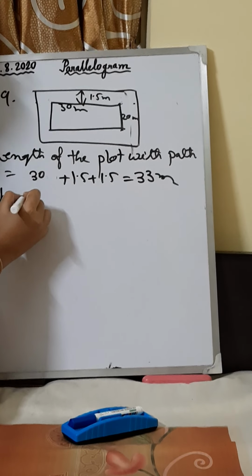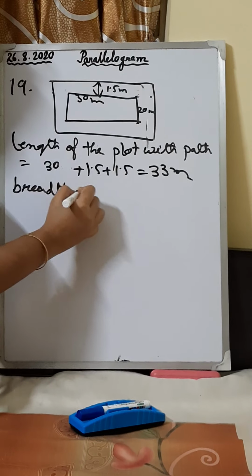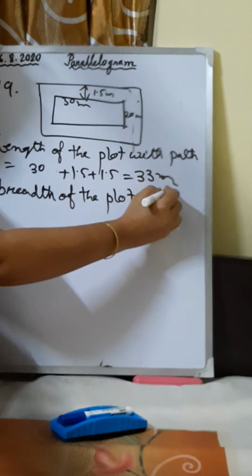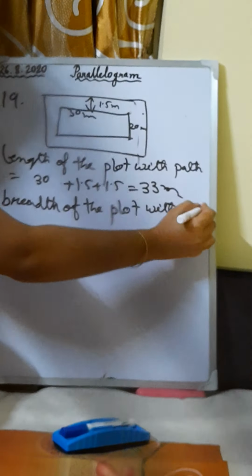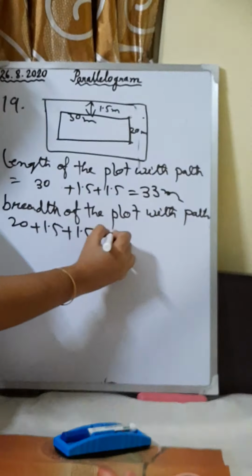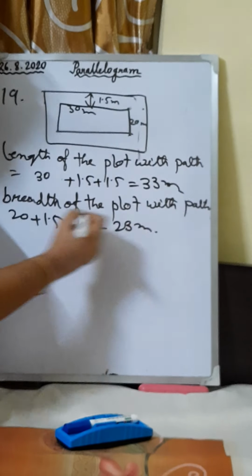Breadth of the plot with path in a similar manner, 20 plus 1.5 plus 1.5 equals 23 meter.